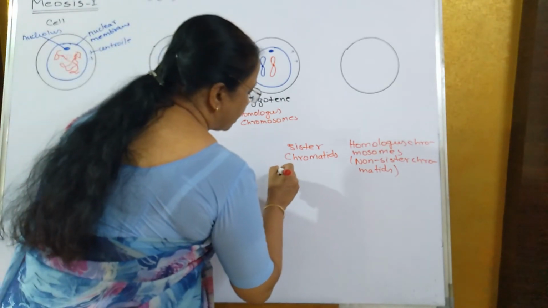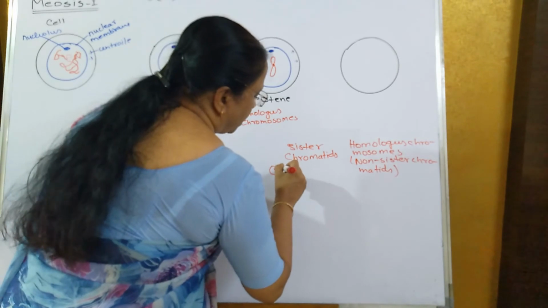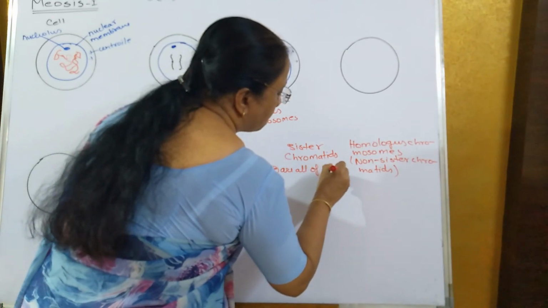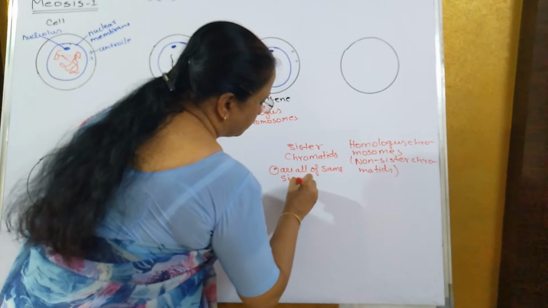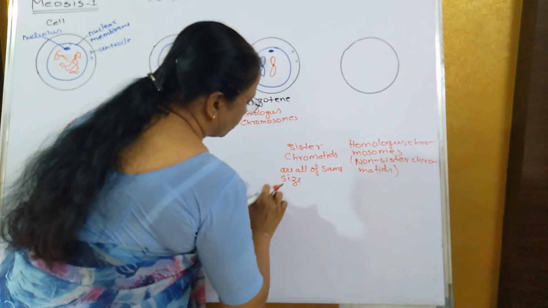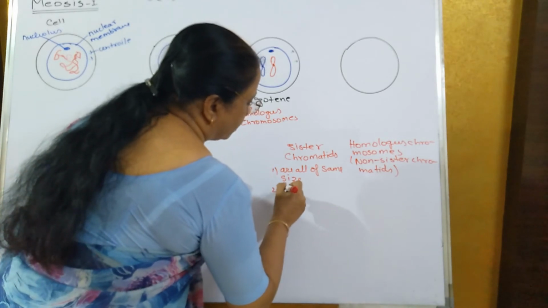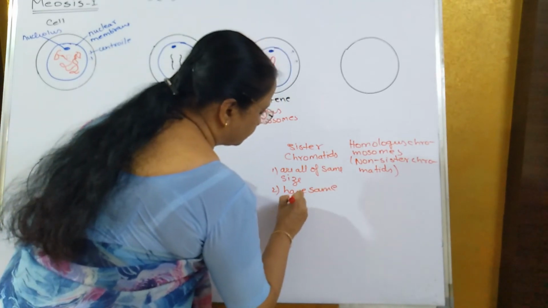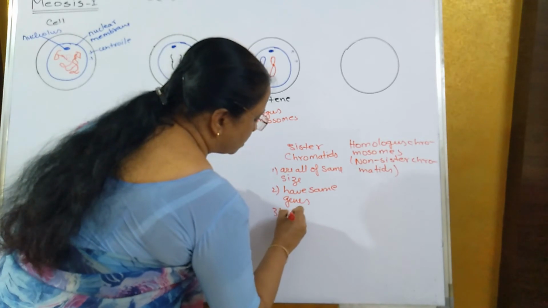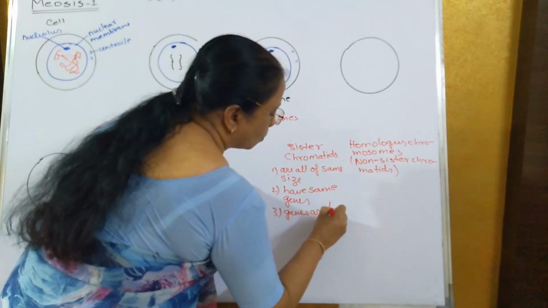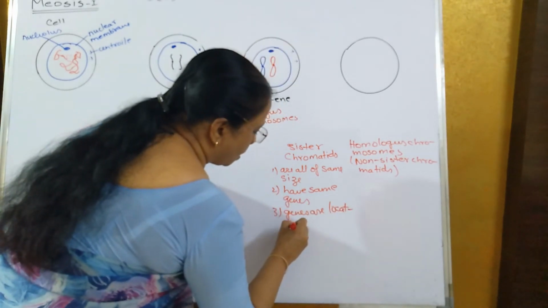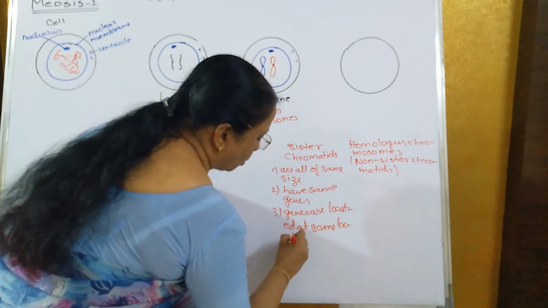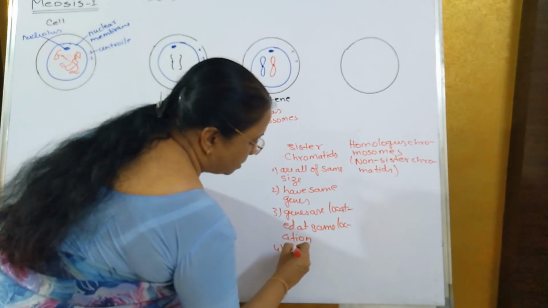Now the sister chromatids are all of the same size, they have the same genes, the genes are located at the same location, and they have the same alleles.